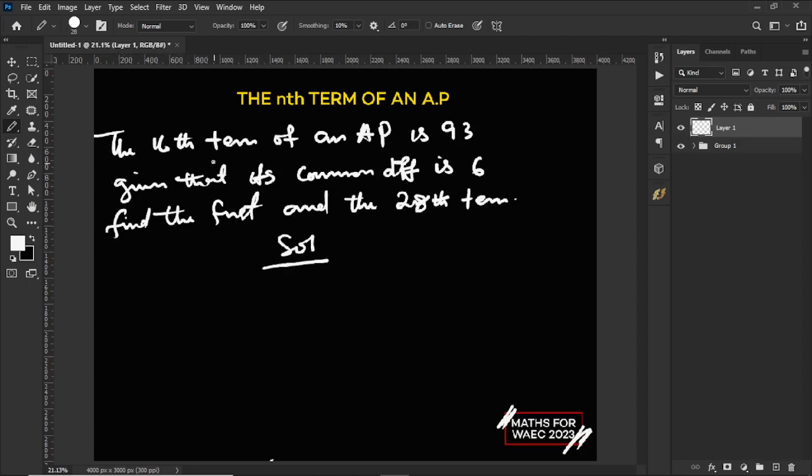We are told that the 16th term of an AP is 93. That means that when n is equal to 16, you have that T of 16 is equal to 93.